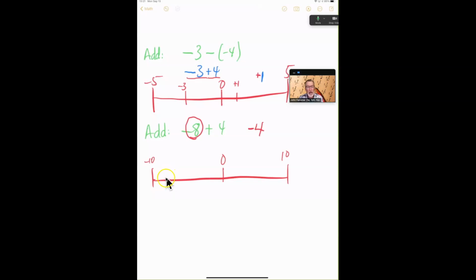If we add 4, which means go to the right 4 places, we'll have -7, -6, -5, -4. And we're going to end up at -4, which will be right here on the number line. And so -4 is our answer for this question.